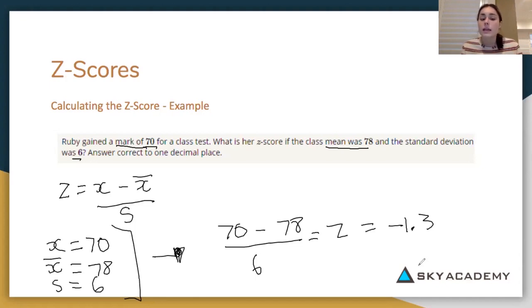We can check that by knowing 70 is below 78. If our mean is 78, we know that 70 is going to be down here somewhere, and it's going to be 1.3 standard deviations below.